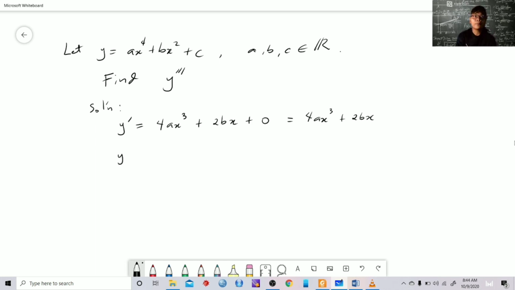Now, getting y double prime, we have 12ax squared plus 2b. And finally, for the third derivative, we get 24ax. So this is your final answer.